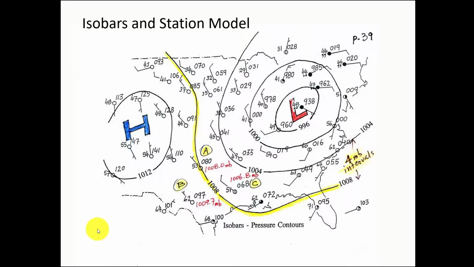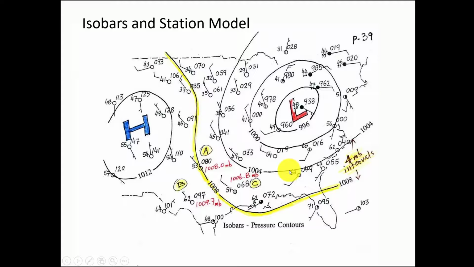Again, the station model that you see on a map is going to vary according to the reference. You will use a subset of all the possible variables in your lab. And with the isobar, I want you to notice that the one that's highlighted in yellow is 1008 millibars, and that means everywhere along this yellow line is approximately 1008 millibars of pressure.